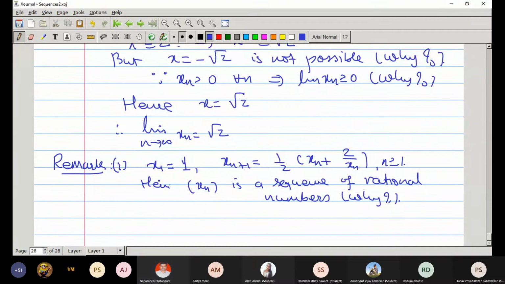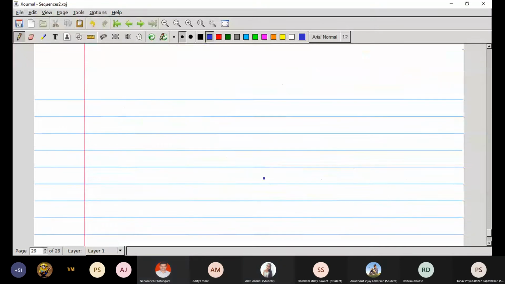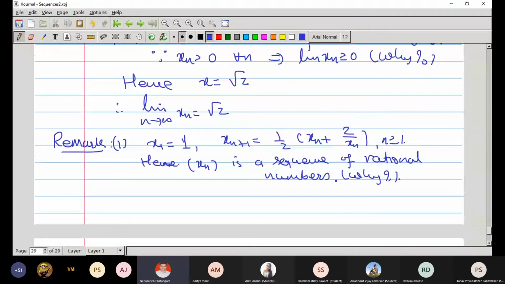So xn is a sequence of rational numbers. But what is the limit? The limit is an irrational number. The limit of xn, which is root 2, is an irrational number.